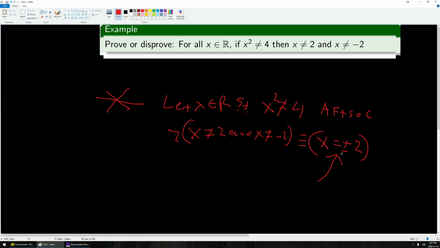Okay, so from here I would basically do my proof like, hey, via cases, case 1, if x is equal to 2, then this implies x squared is equal to 4. That's a contradiction. Since x squared is equal to 4, it contradicts this, therefore x can't be 2.